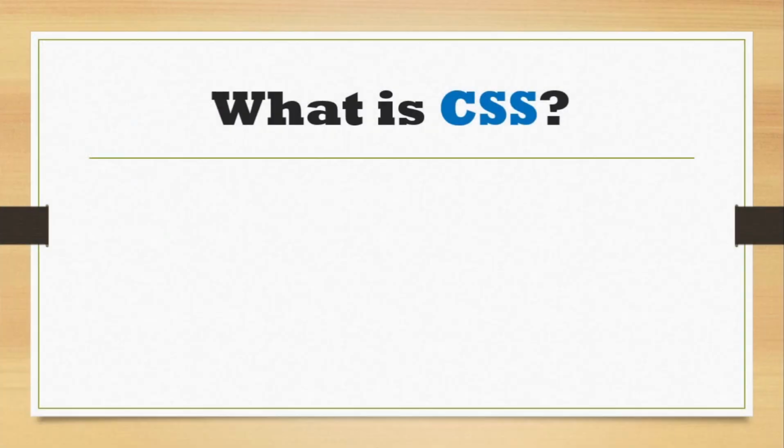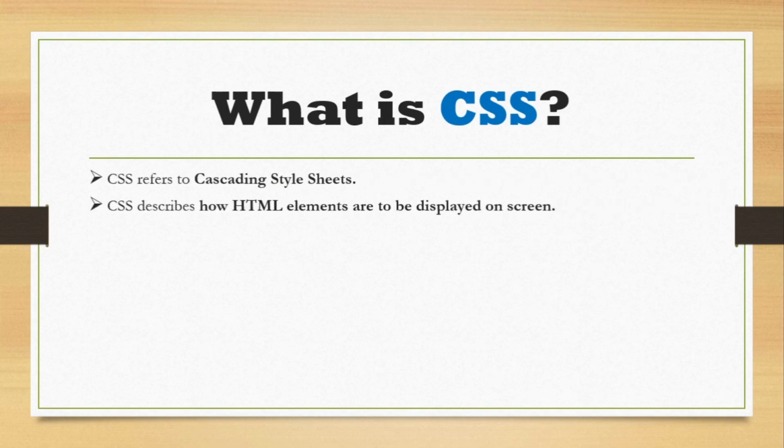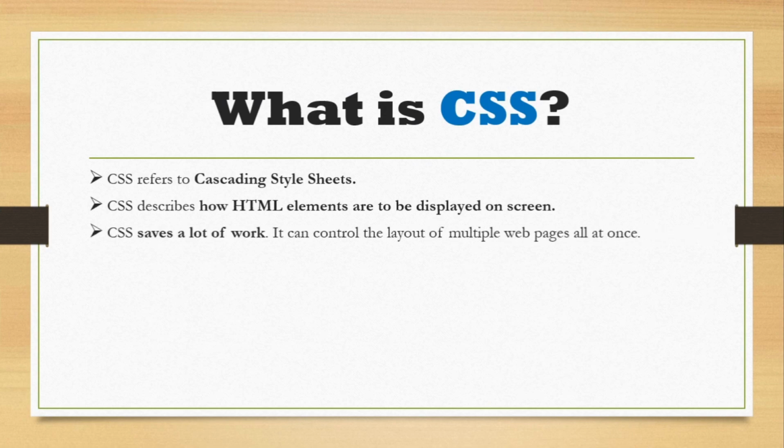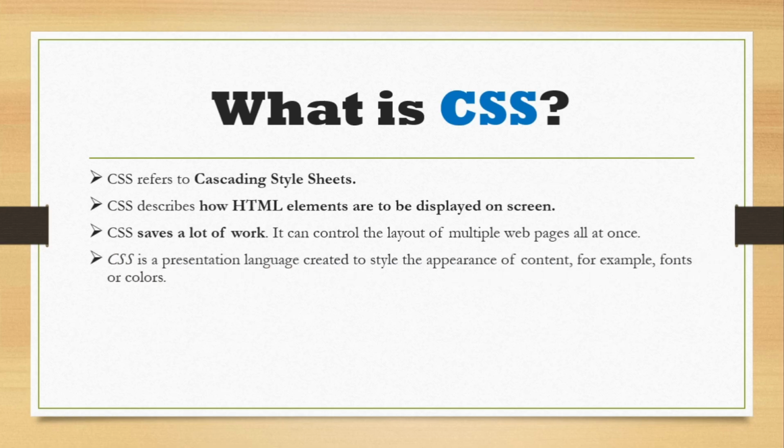What is CSS? CSS refers to cascading style sheets. CSS describes how HTML elements are to be displayed on the screen. CSS saves a lot of work. It can control the layout of multiple web pages all at once by using an external CSS style sheet. CSS is a presentation language created to style the appearance of content, for example, fonts or colors.